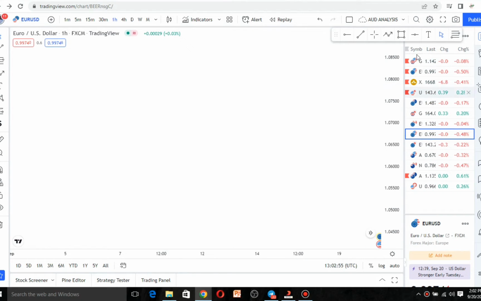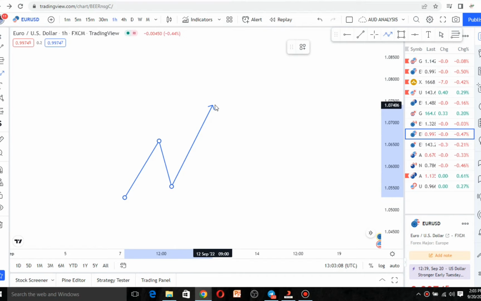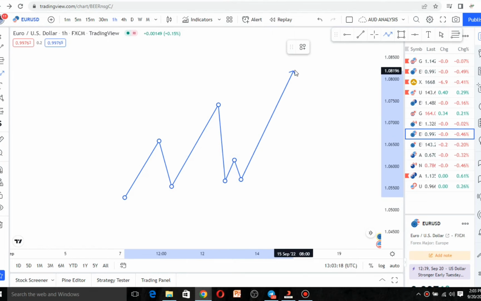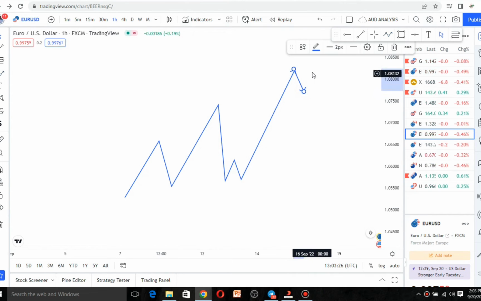Firstly, you need to identify your zones. Let's assume we have an uptrend. We have this, then we have this, then we have this, and we also have the continuation just like this.